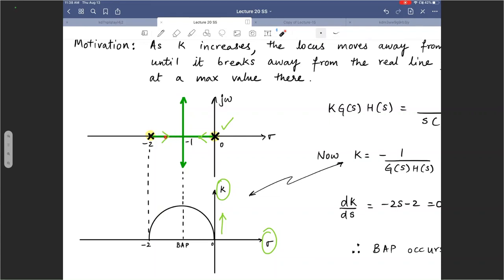So it's moving left here and it is moving right here, right? So as you increase k, the real parts of both the poles are going to increase here and increase here, right? So that means they are going to eventually break away from the real axis when k versus sigma is at a peak, at a high point.